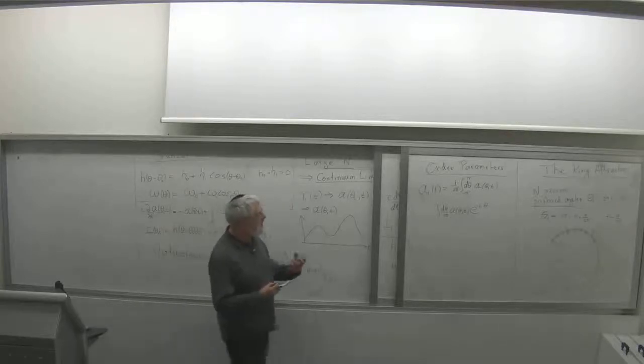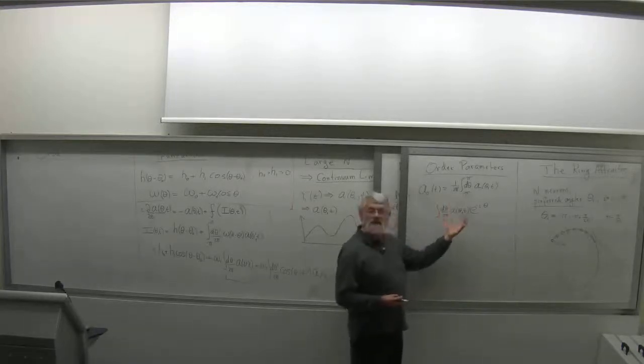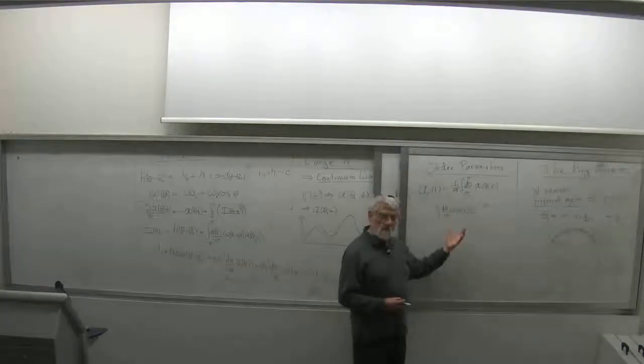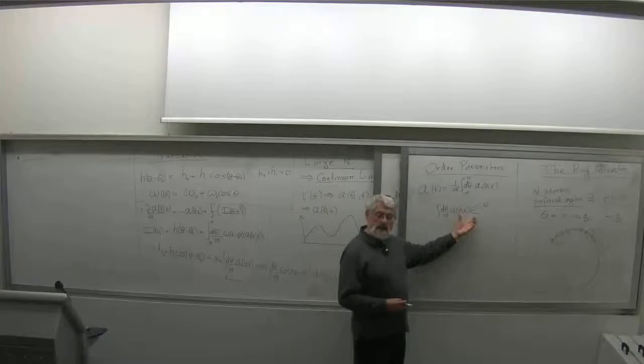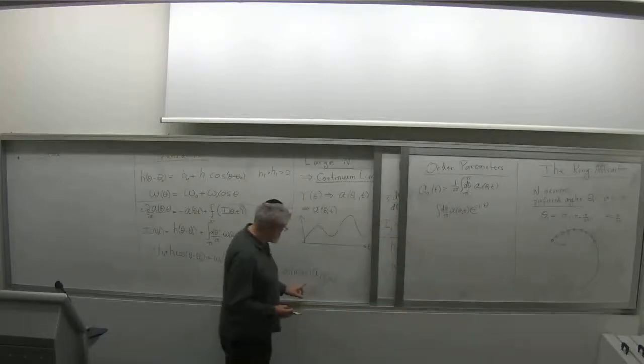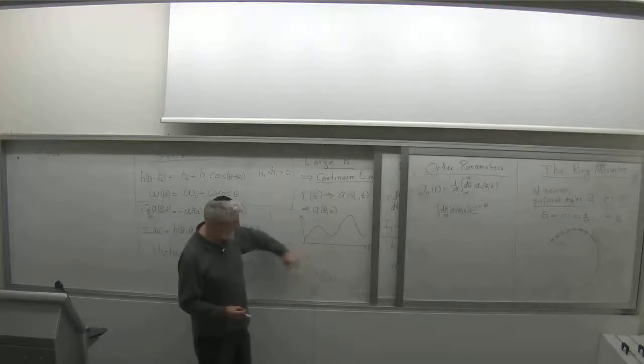So this is why I write it like this: it's a complex quantity which gives me the cosine Fourier transform and the sine Fourier transform. The real part will be cosine, the imaginary part will be minus the sine. And we need both of them because we have here cosine of theta minus theta prime.